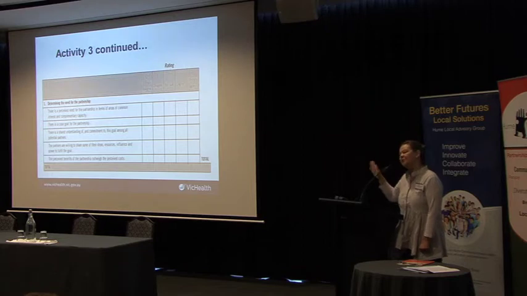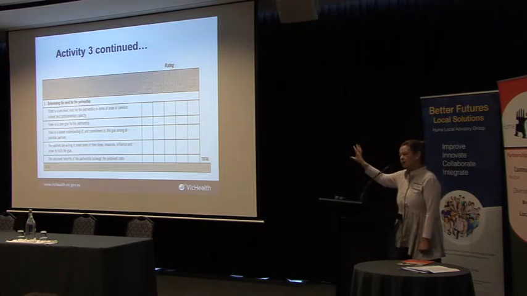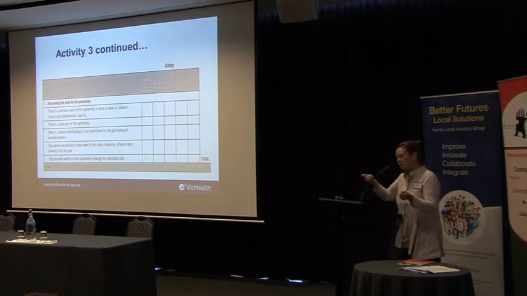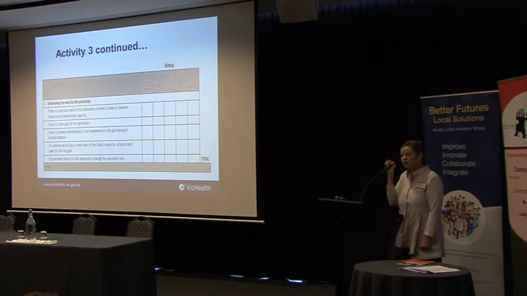You can actually use it to score and then go back after time, perhaps 12 months later, and see if there's been any change. This is one section. You can choose to use one section alone, give it out to all of your organisational members or your staff who are developing a partnership, get them to consider it, go away, consider it individually, and then come back as a group and reflect.